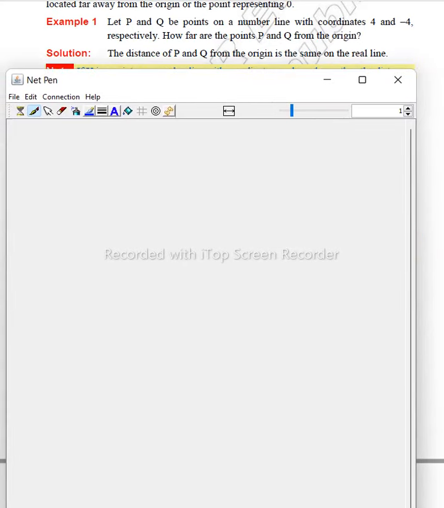If you have a given x here, what is the value of the absolute value of x? It may be negative x or x.